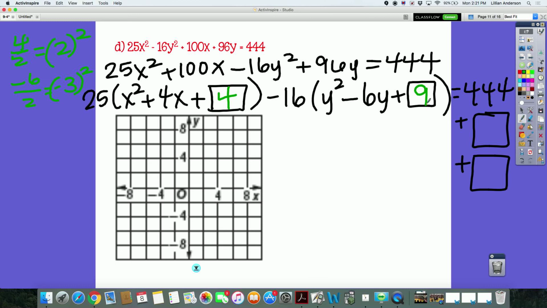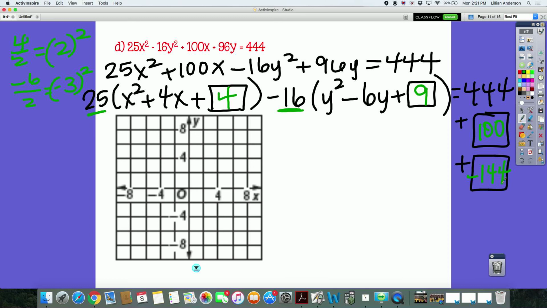Don't forget, when you factor out a number in front, you actually have to multiply that number by whatever you got when you completed the square. So instead of adding 4 to both sides, I'm going to add 100. And instead of adding 9, I'm actually going to add a negative 144. Yes, you do have to multiply the negative 16, that number on the outside, that negative number, by the number on the inside that you got when you completed the square.